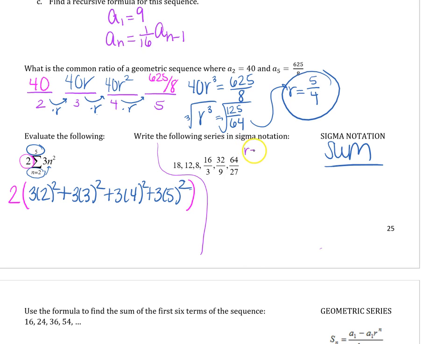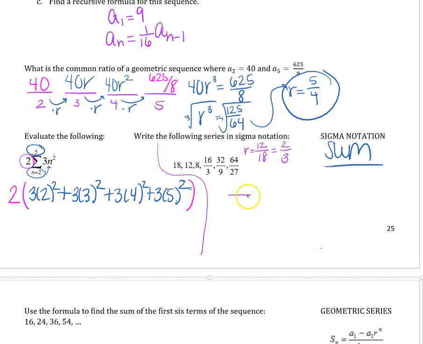The common ratio will be 12 divided by 18, or if I divide both the top and the bottom by 6, that's 2/3. So if I multiply 18 by 2/3, I'll get 12. 12 times 2/3, I'll get 8, and so forth. So you could double check me on that, but our common ratio is 2/3.